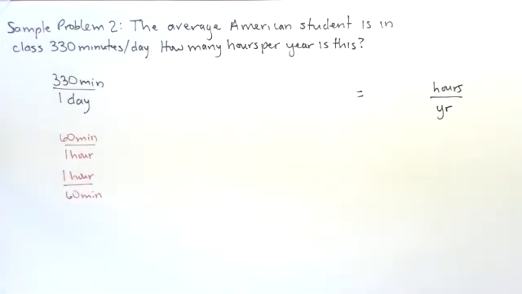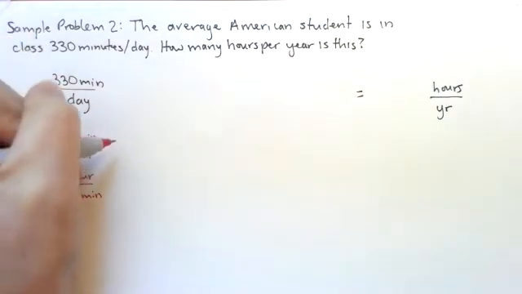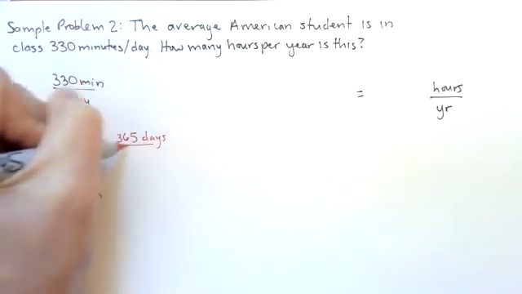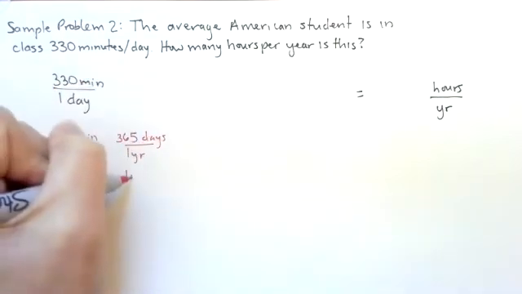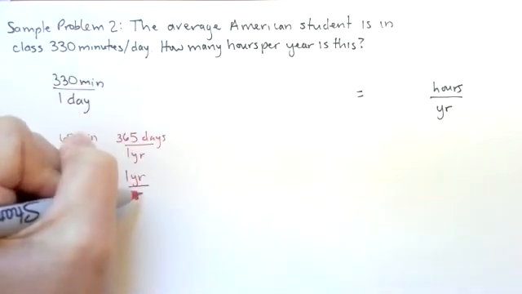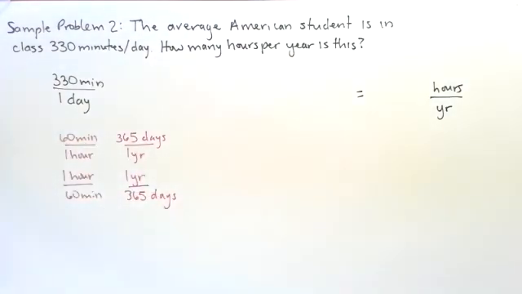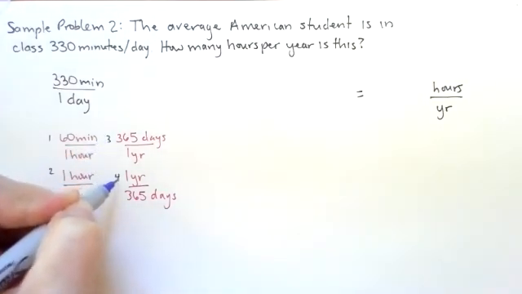Now I am looking at what I'm going to, but I'm not worrying about how I'm going to insert it. So I know I also have 365 days in 1 year. 1 year is 365 days. All right, that's going to give me number 1, 2, 3, and 4.